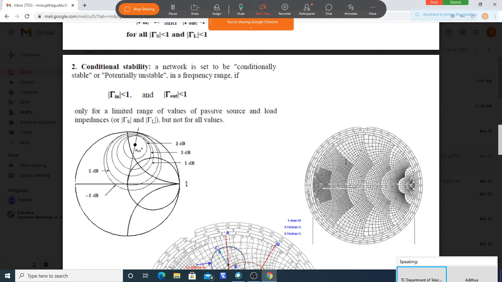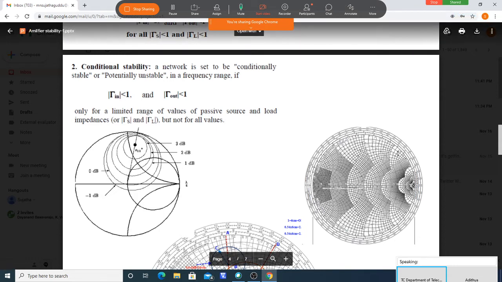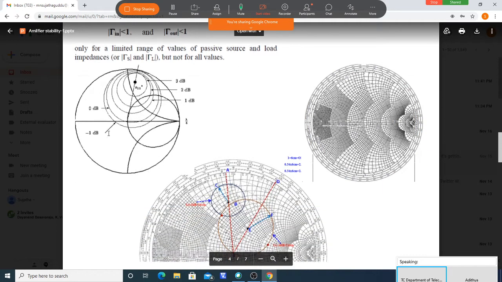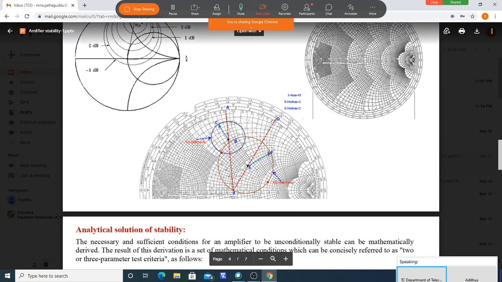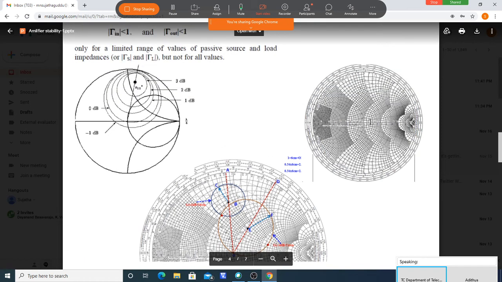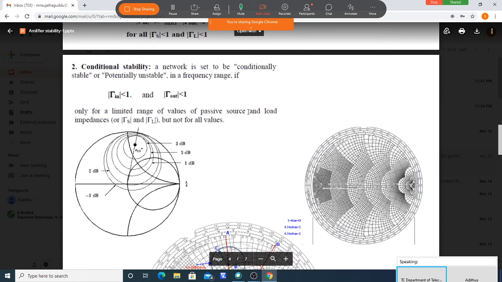If you take values here, Γin and Γout are lesser than 1. What we can observe from here, our two circles, this circle and this circle, both are in the upper part. And we tested for this particular amplifier. What we observed, you can take any value over this Smith chart upper part, and the values of Γin and Γout are lesser than 1.